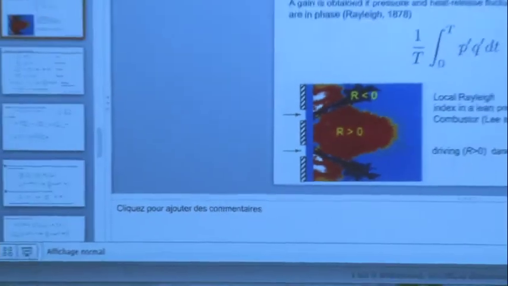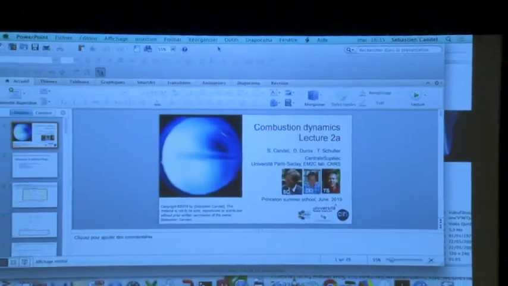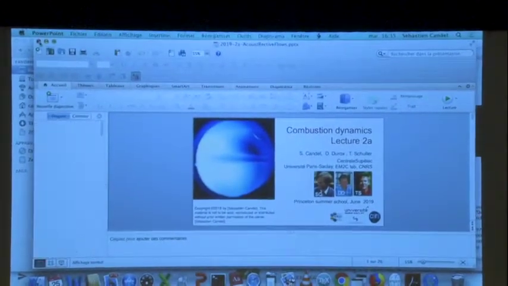All right. So this, I think, is the last slide of that one. Let me just go a little bit into combustion noise, because we now have the tools for that, and we can try to look at combustion noise.